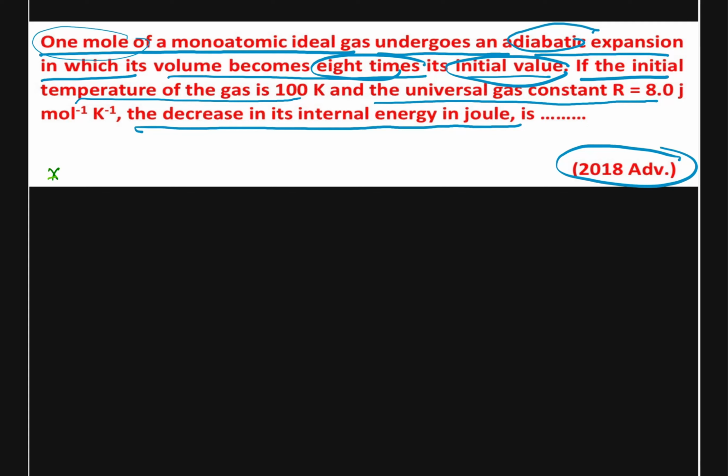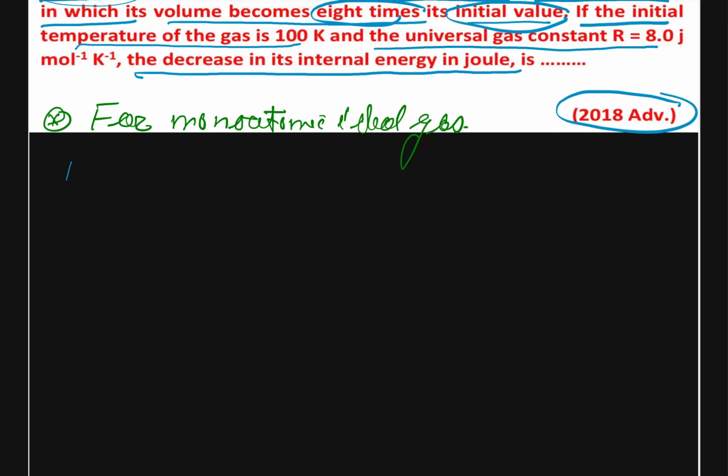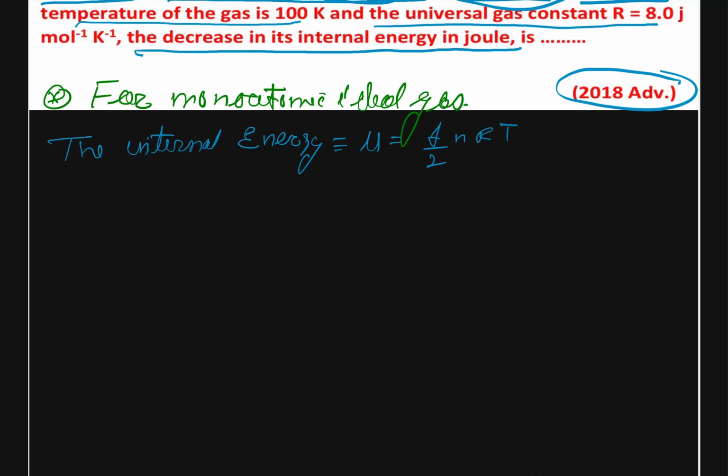For a monoatomic ideal gas, the internal energy U can be written as F upon 2 nRT, where F is the degrees of freedom, and for monoatomic its value is 3.